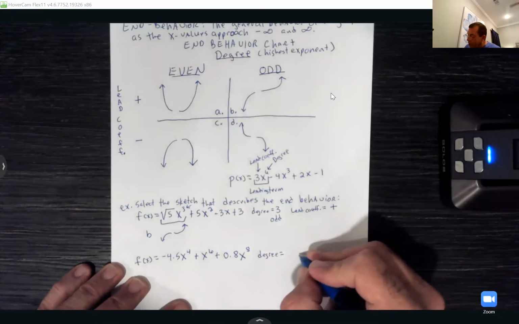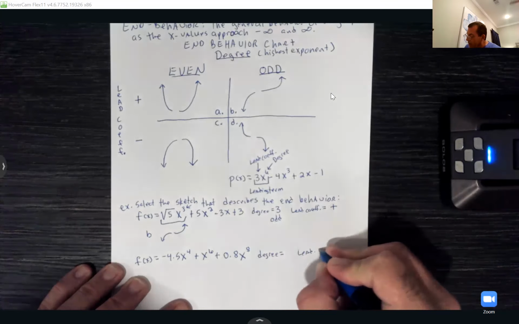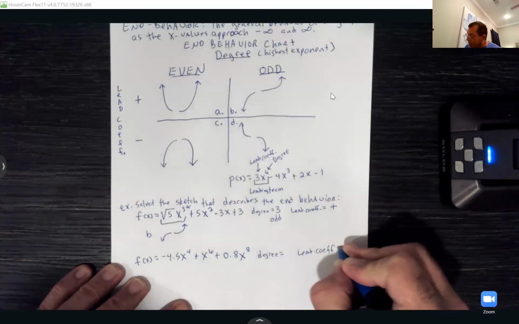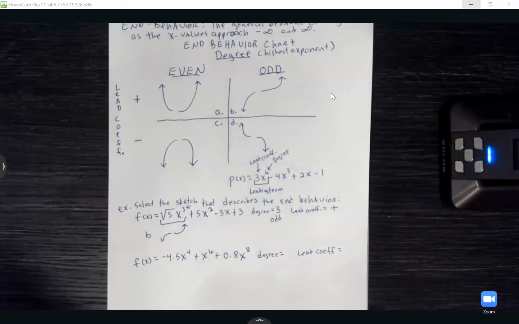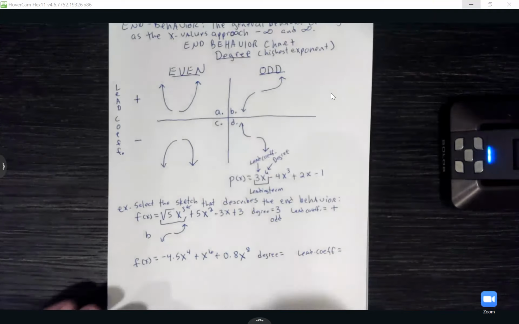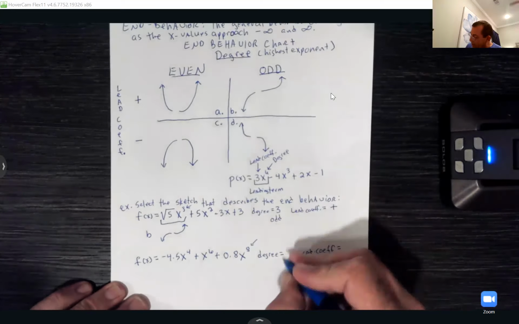So we want to figure out our degree and our lead coefficient. So what would y'all put on the degree of that one? 8. 8 for sure, because that's my highest exponent.